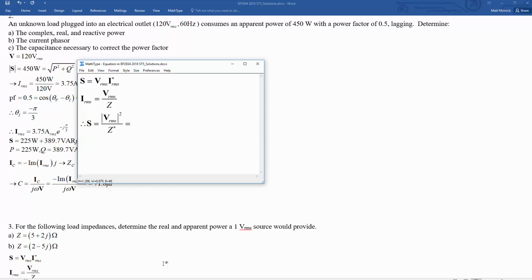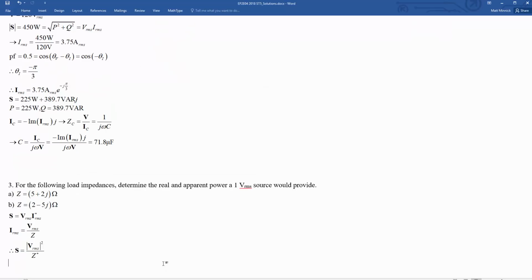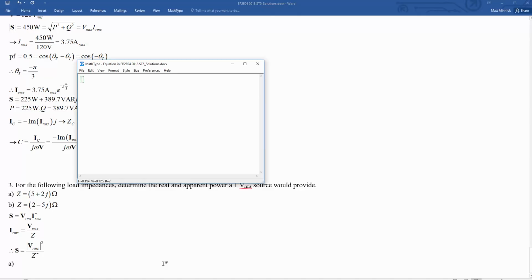Okay, so that means in part A, we've got 1 over 5 minus 2j. So 1 volt squared over 5 minus 2j ohms. And volt squared per ohm should be equal to watts.